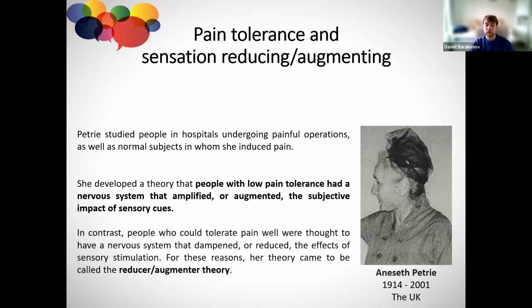In contrast, people who tolerate pain quite well have a nervous system which reduces sensations. So for them, it's actually easier not to be focused on these sensations and tolerate the pain. So it's an interesting theory about this possible personality characteristic, pain tolerance, which might be connected with individual psychophysiological differences.